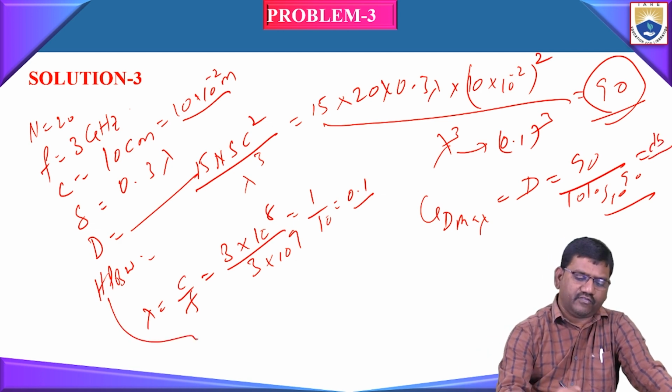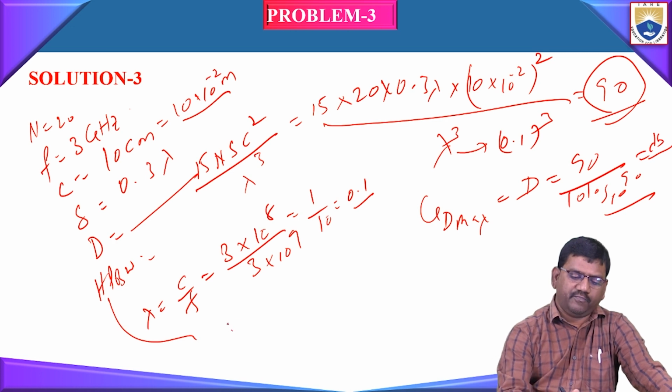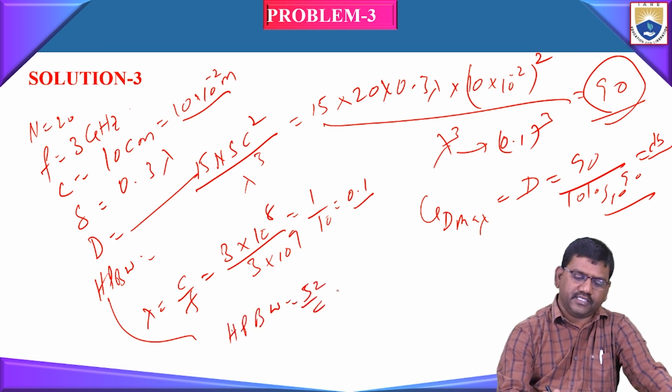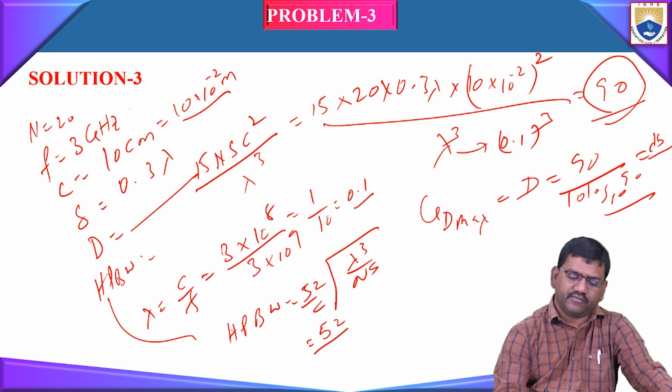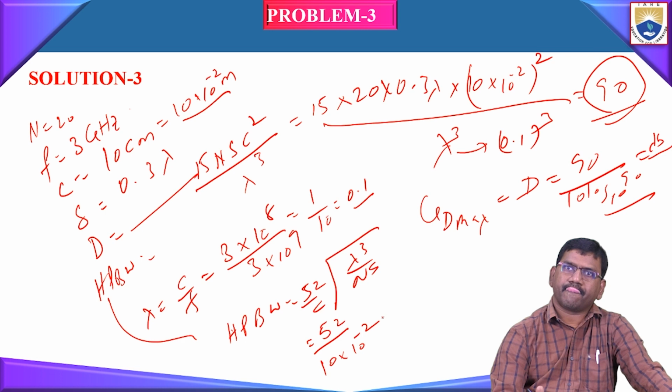Similarly, we can find out the value of half power beam width. HPBW is equal to 52 by C times the root of lambda cubed by N S. 52 is a decimal constant. C is given as 10 into 10 power minus 2 here.